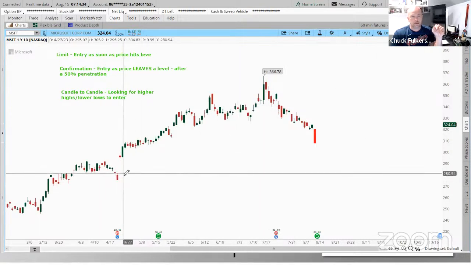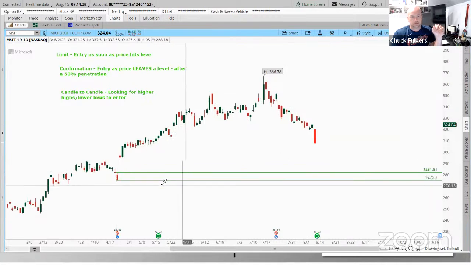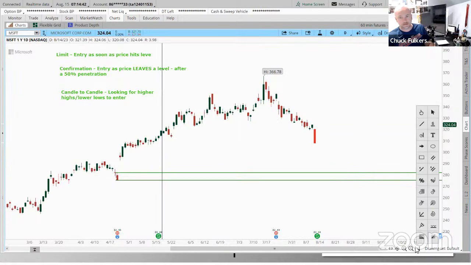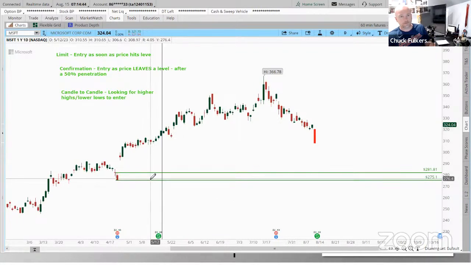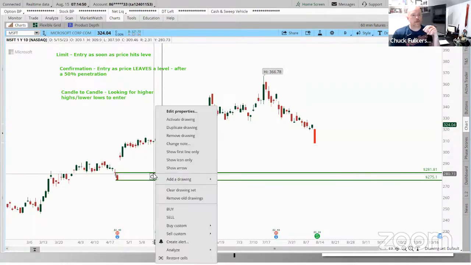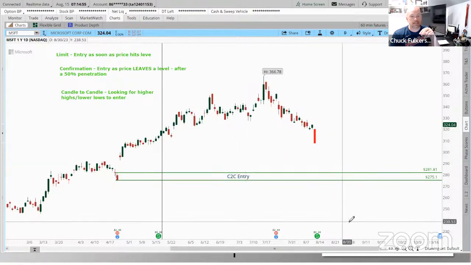And typically what I do with this is I will actually mark this on the chart with a text box that just tells me that this is a candle to candle entry. And what I'll be looking for is some sort of a candlestick reversal pattern as we come into the level, right?